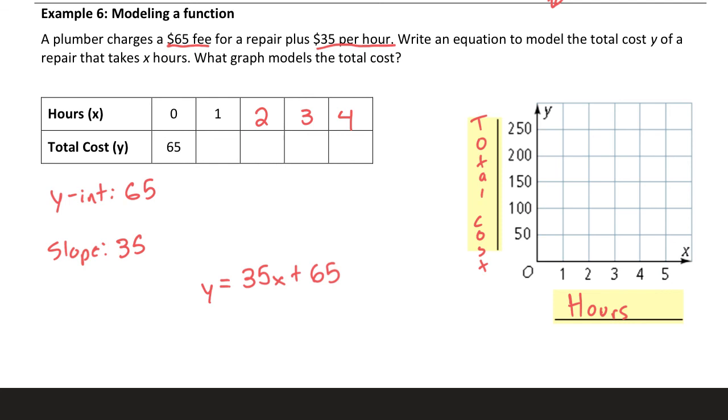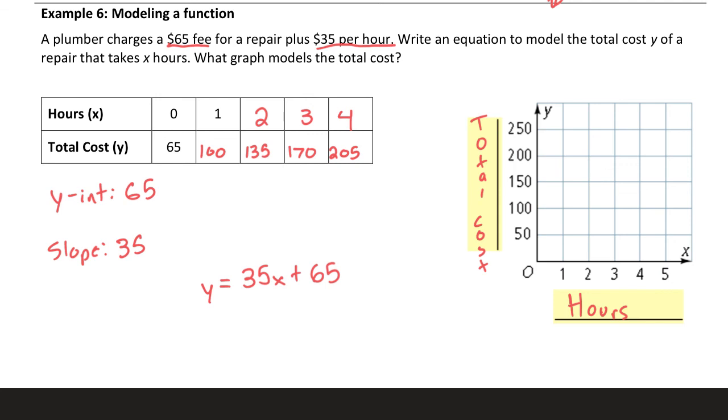In my function, I start with 65 plus $35 for 1 hour of work. That job is $100, plus another $35. That job is now $135 for 2 hours, plus another 35, up to 170, plus another 35, up to 205. Our graph of our function is not going to be perfect, but it's going to be as close as we can get it.